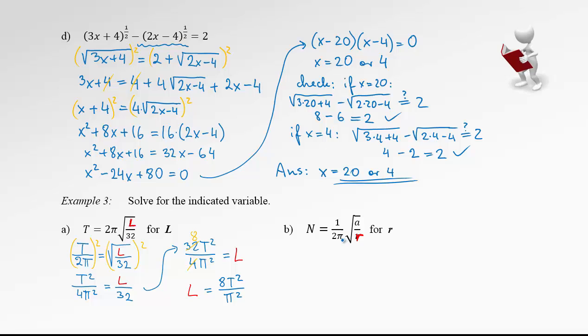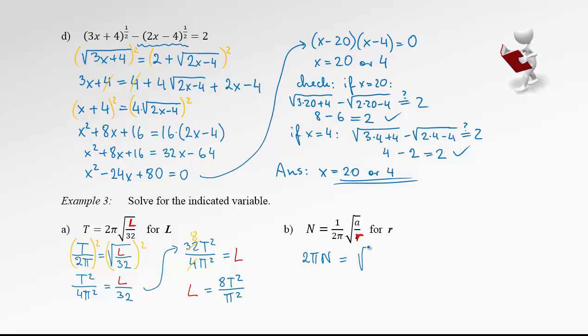Okay, so the first thing would be to get rid of this 2 pi from the denominator. This really means that we need to multiply the whole equation by 2 pi. Or sometimes I refer to it as teeter-totter. If we move something from the denominator, it goes to the other side as a numerator. It really changes its level, right? So the 2 pi goes to the numerator times n.